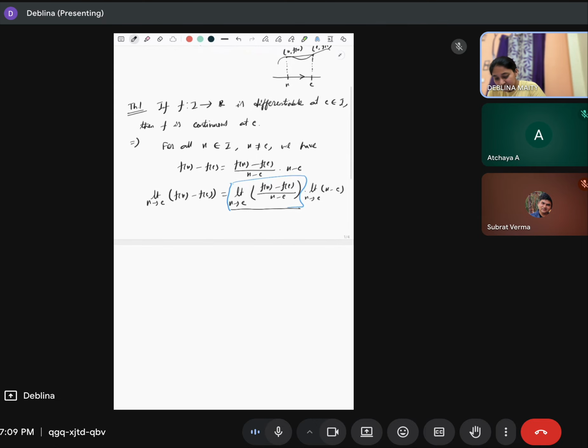So it becomes f dash c into the limit as x goes to c of (x minus c), which is 0. A finite number into 0 is 0. So this means the limit as x goes to c of f(x) is f(c).